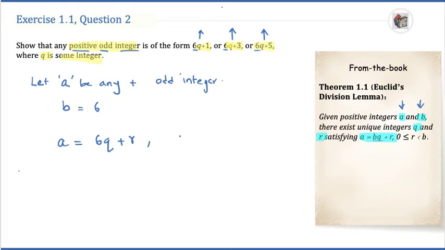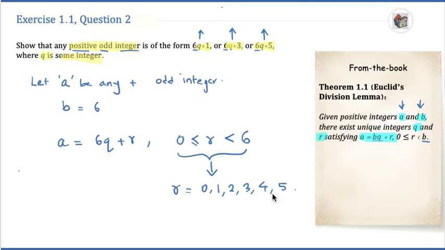And the rule that I know is that my r has to be greater than or equal to 0 and has to be less than the divisor, which is b here. That means it has to be less than 6. Now, how do you interpret this? What can the values of r be? It can be 0, 1, 2, 3, 4, or 5. It cannot be 6 or more because it's less than that, right?